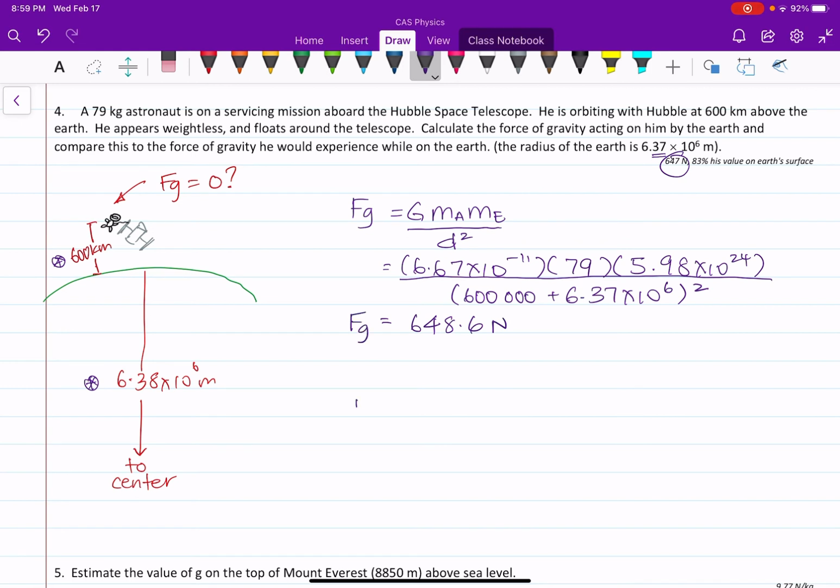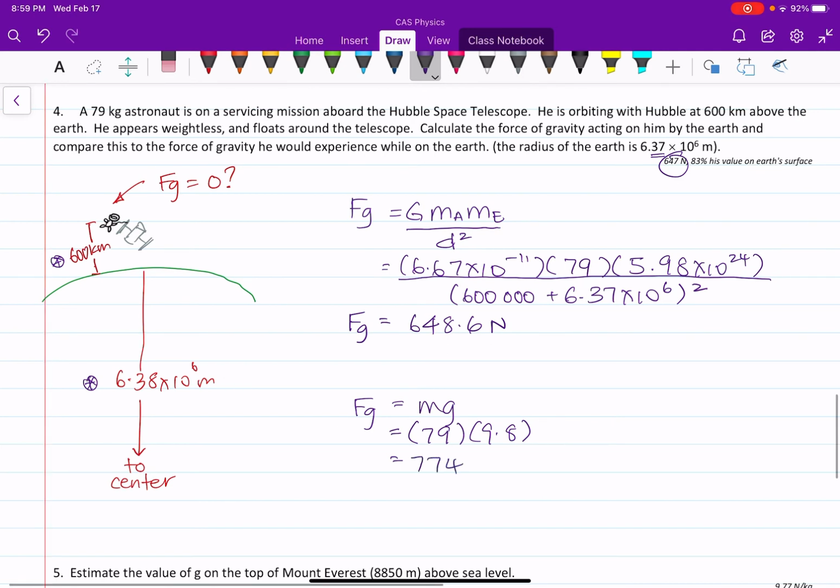Now let's compare this to what we would get at the surface, which is mg. The mass is 79 times 9.8. If I just plug in those numbers, I get 774 newtons.